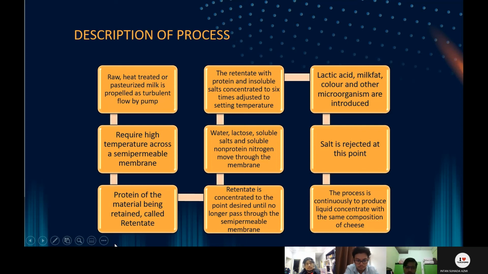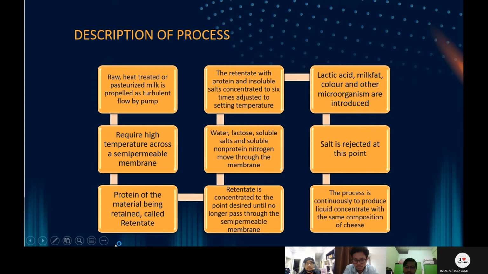So next, the protein of the material being retained is called retentate. The retentate is concentrated to the point desired until it can no longer pass through the semi-permeable membrane. So water, lactose, soluble minerals and soluble non-protein nitrogen move through the membrane.